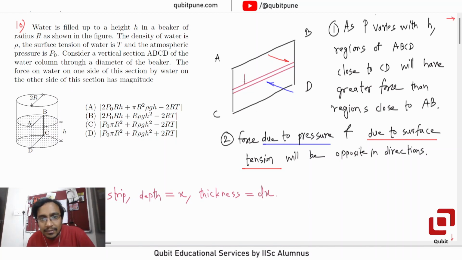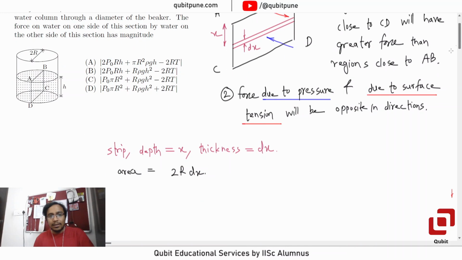Now let us calculate the area. What will be the area of the strip? Area is length into breadth. Thickness is dx, and what is the width? Width is 2r, the diameter. Area will be 2r dx.